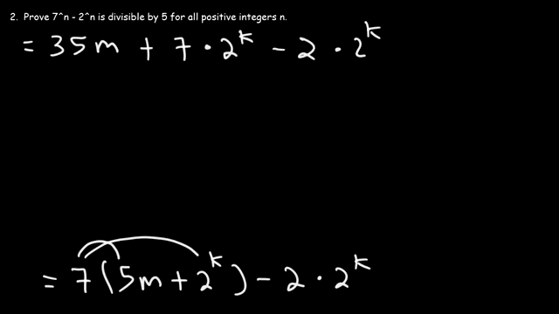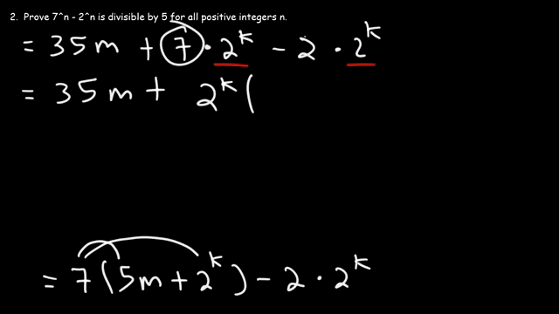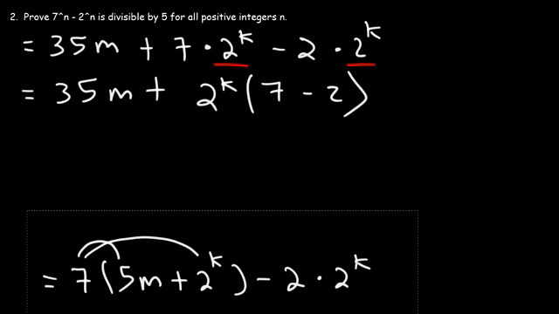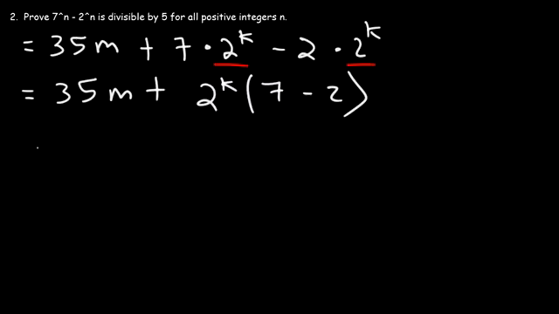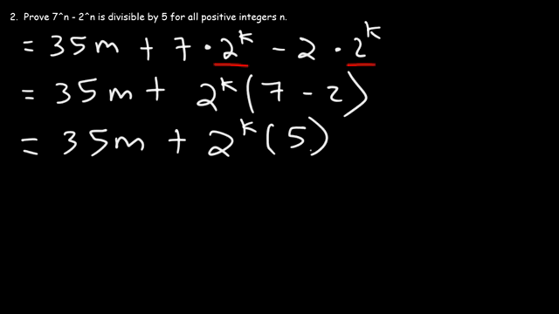Now, notice that we have a common term here. So we can factor out the GCF, which is 2 raised to the k. Once we take out that greatest common factor, we'll be left with 7 minus 2. Seven minus 2 is 5. So we're going to have 35m plus 2 raised to the k times 5.